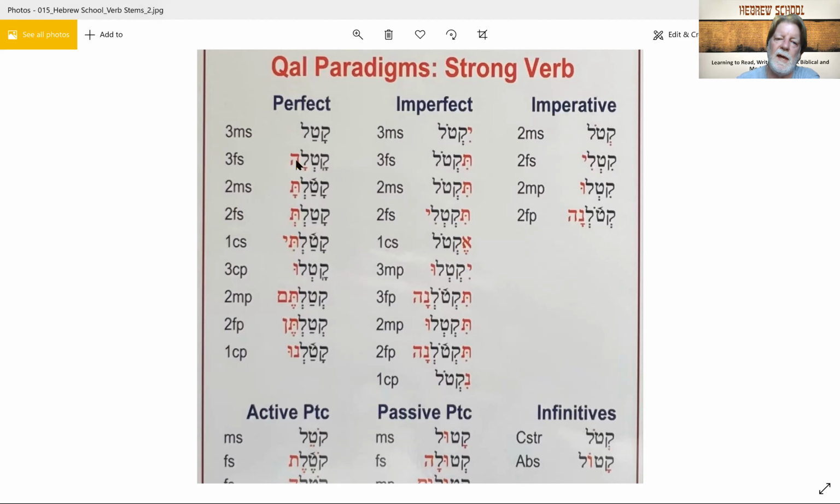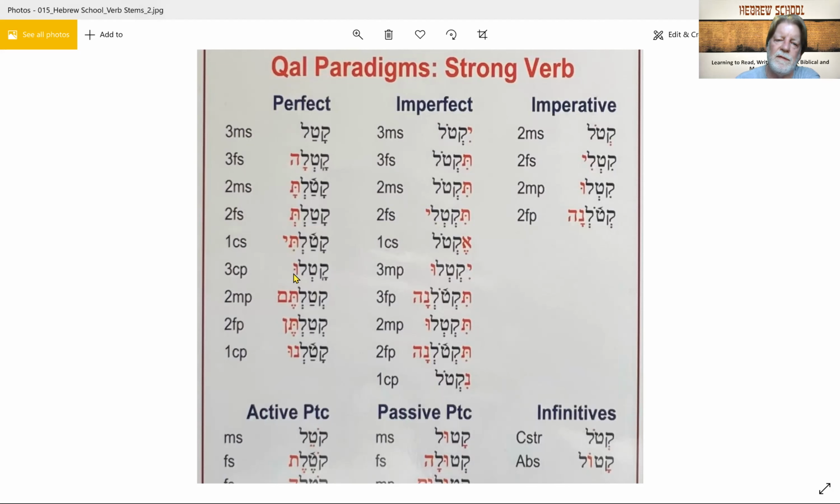The qamets hey on the third person feminine singular, she, makes sense because the qamets hey ending is feminine with nouns and so forth. Then we have a bunch of tavs as suffixes, and a few variations. Even down in the plurals, we have a couple of tavs added.